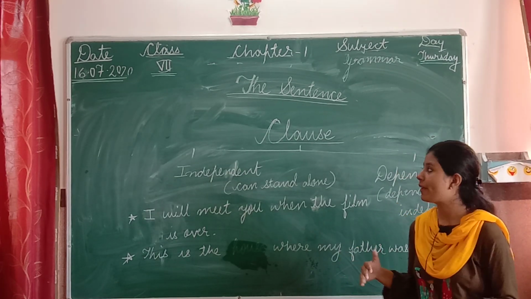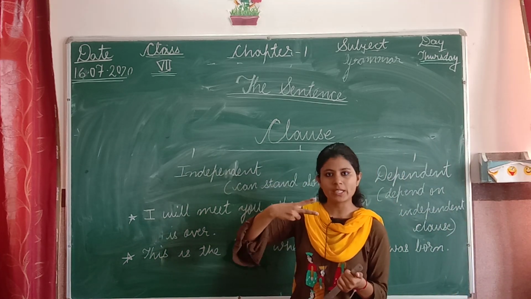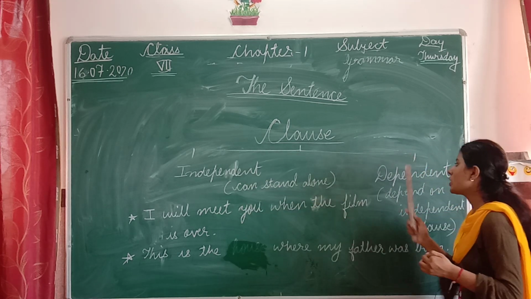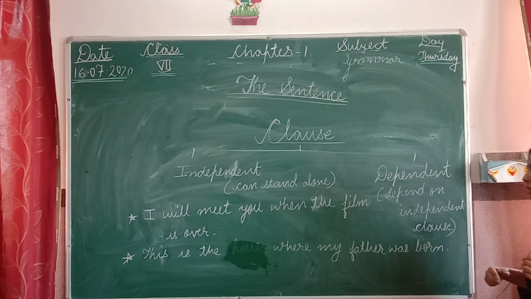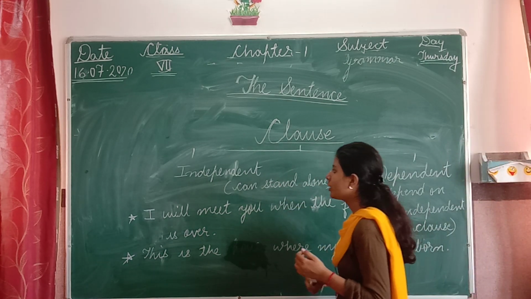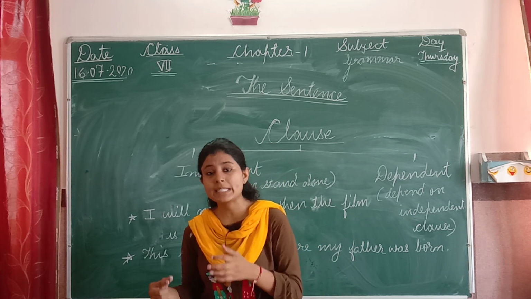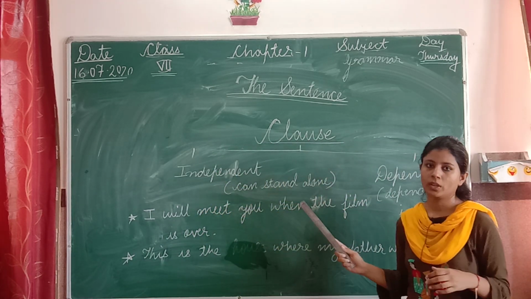Now students, we have read what a clause is. A clause has two types, that is an independent clause and a dependent clause. Let's read both of them. First of all, what is an independent clause? An independent clause is a clause which conveys complete meaning and can stand alone.